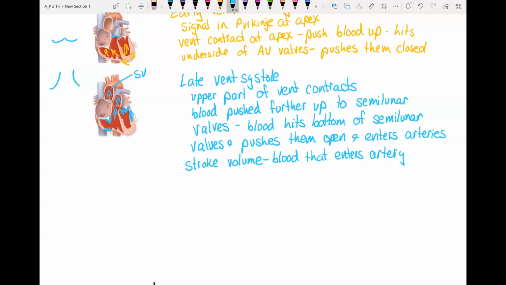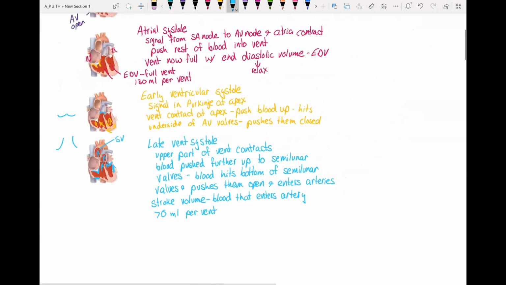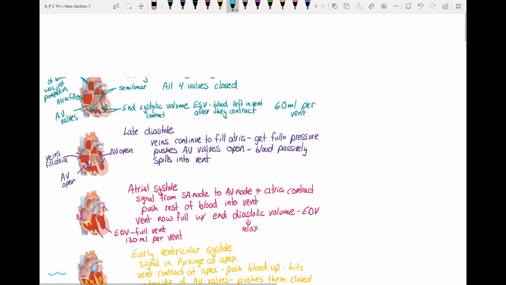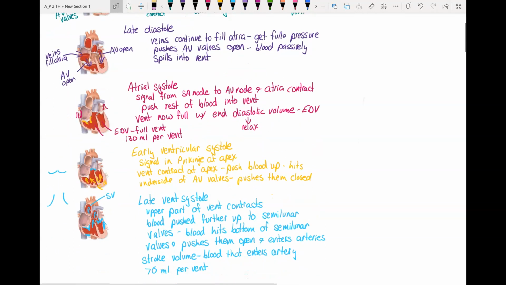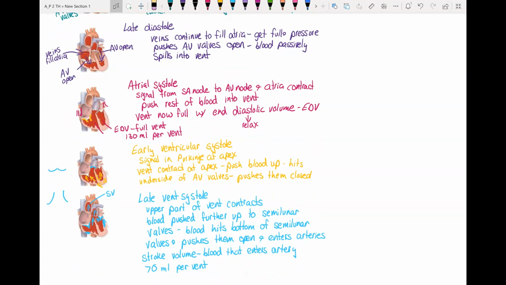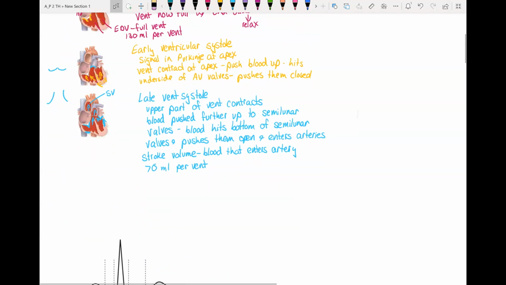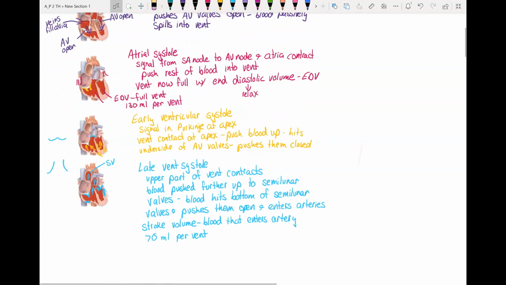And in general, this is 70 milliliters per ventricle pumped into an artery. So if we look at all these numbers here, we had 3 sets of numbers. We had our end systolic volume, the blood left over, our end diastolic volume, the ventricle when it's full, and the stroke volume, the blood that it pumps out.